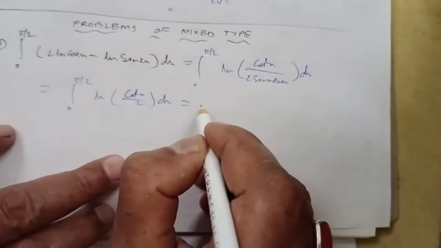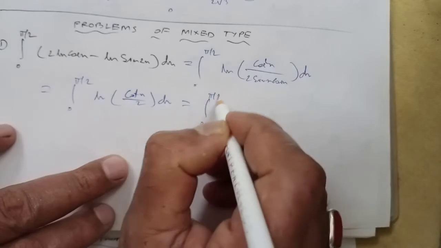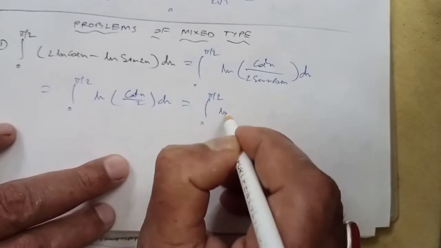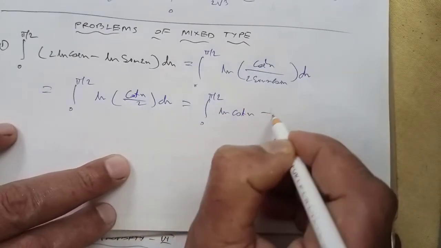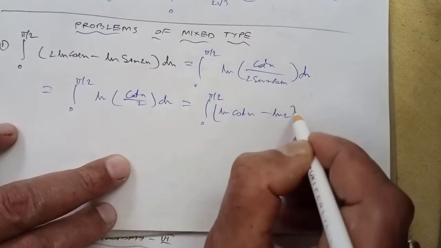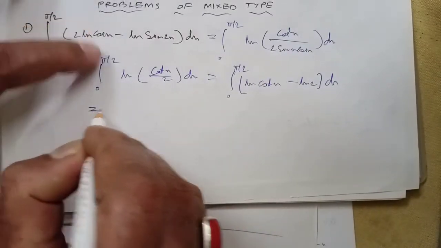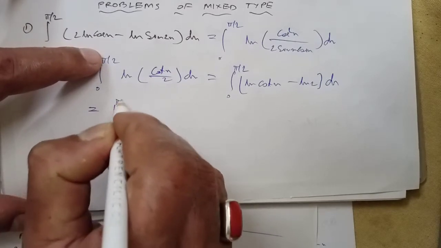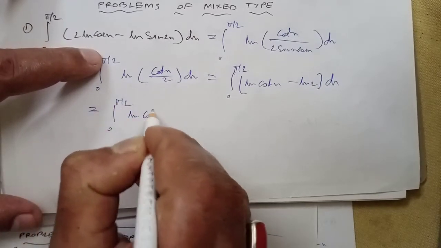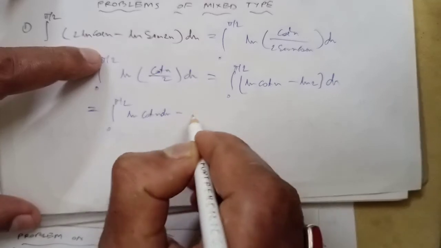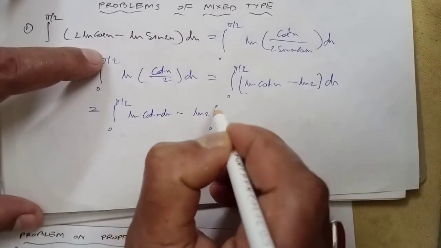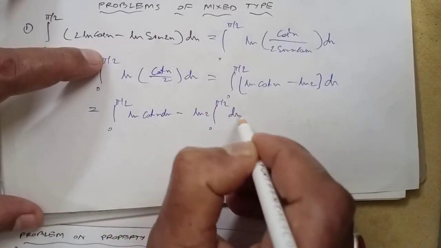Now we can write it as integration 0 to pi by 2 ln cot x minus ln 2 dx. Now we decompose it, we get two integrals, 0 to pi by 2 ln of cot x dx minus ln 2 integration 0 to pi by 2 dx.